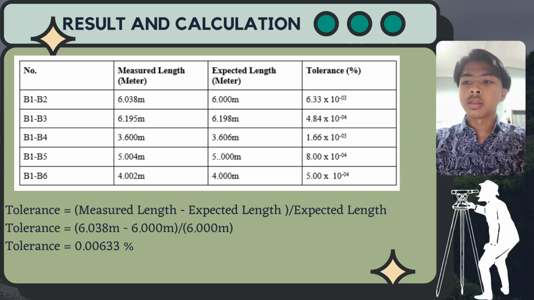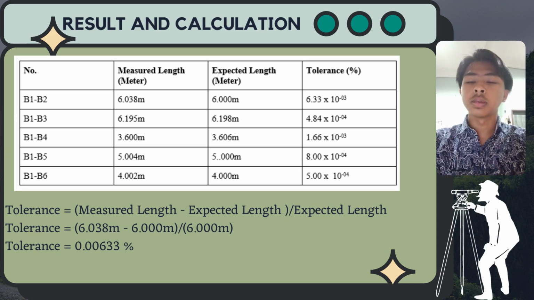Okay, next we go to result and calculation. Here in the table, the first column is the line of the building, the second column is the measured line, the third column is the expected line, and the fourth column is tolerance. Okay, here I show you how to calculate tolerance. First, we calculate the measured line minus the expected line, and then we divide it by the expected line.